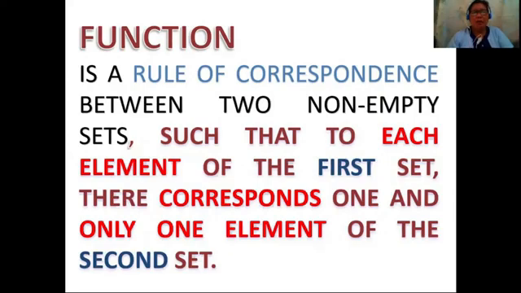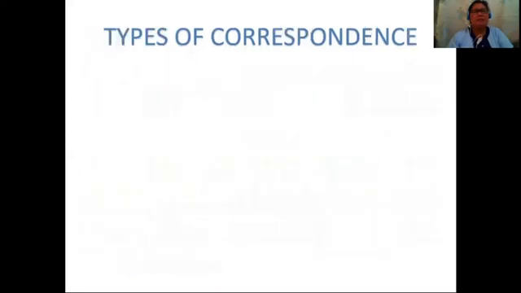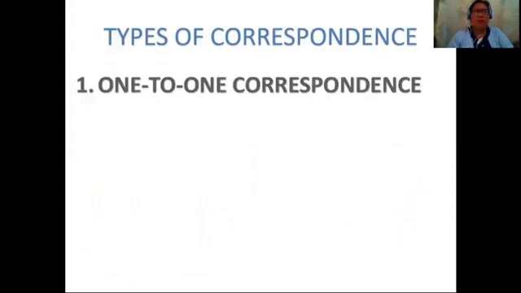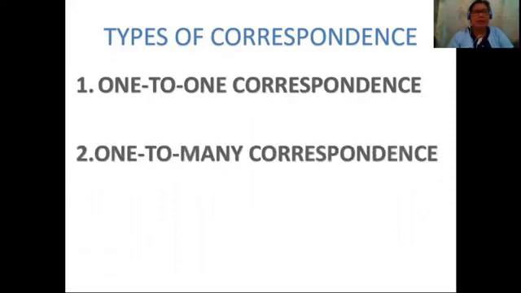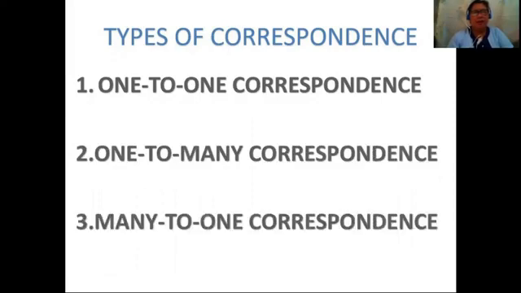And talking about correspondence, we have three types of correspondence. And what are these types? The first one is one-to-one correspondence. The second is one-to-many correspondence. And the third one is many-to-one correspondence.